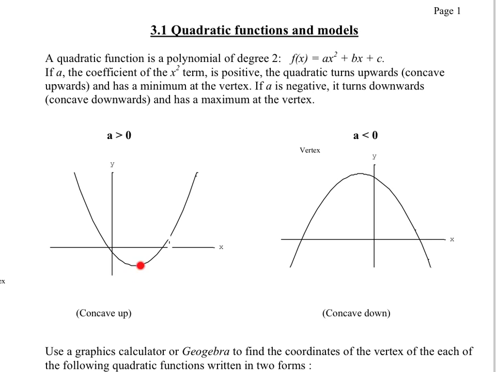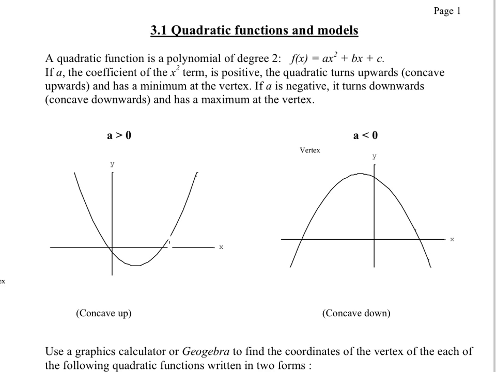A vertex is the kind of turning point of the graph down at the bottom, so it's a minimum if it's concave up. If it's like this, of course, the vertex, this point here, is the maximum.